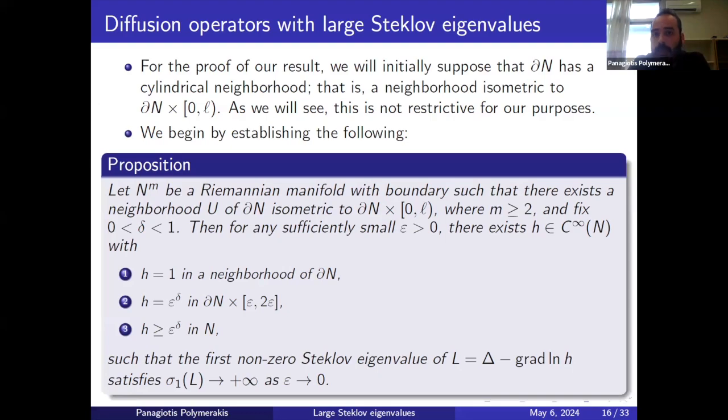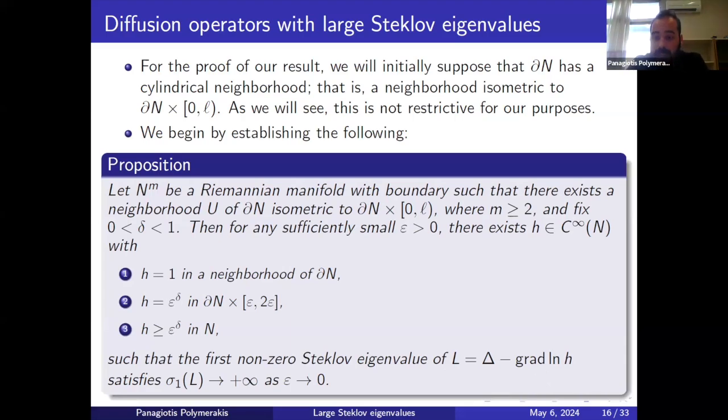Then, for any sufficiently small epsilon positive, we can find a smooth function h, which is 1 in a neighborhood of the boundary, is greater or equal to epsilon to the delta in the whole manifold, and the equality holds on a certain domain, such that the first non-zero Steklov eigenvalue of the corresponding diffusion operator is arbitrarily large as epsilon goes to 0.